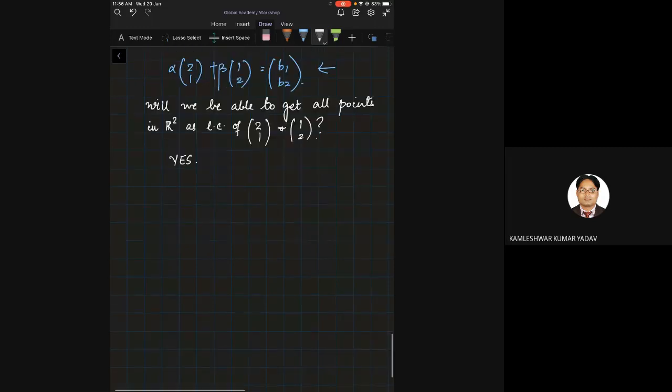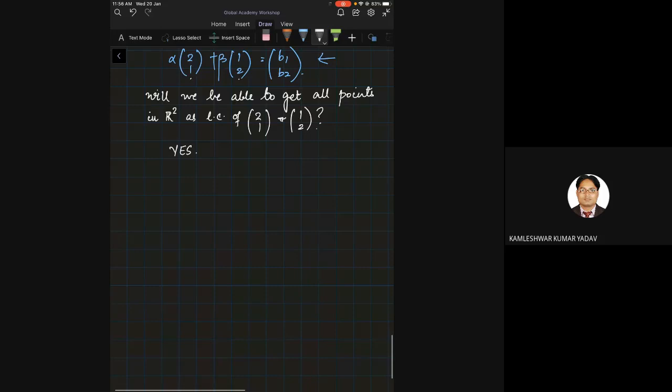For the simple reason that if I put this as a matrix, yesterday we saw something. What did we say? We said that when we look at the column picture, the first column always gets multiplied by alpha, the second column always gets multiplied by beta. Therefore, I will take the set of equations to be [[2, 1], [1, 2]] times (alpha, beta) equal to (B1, B2).